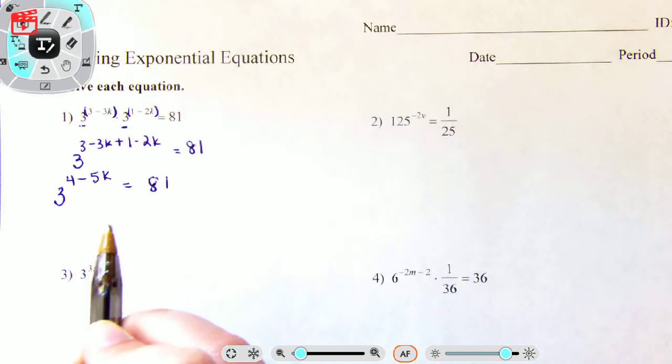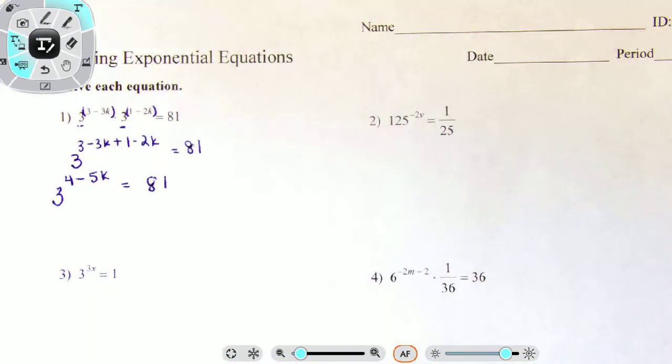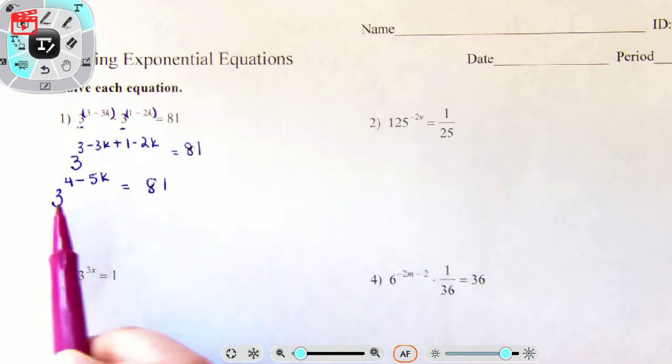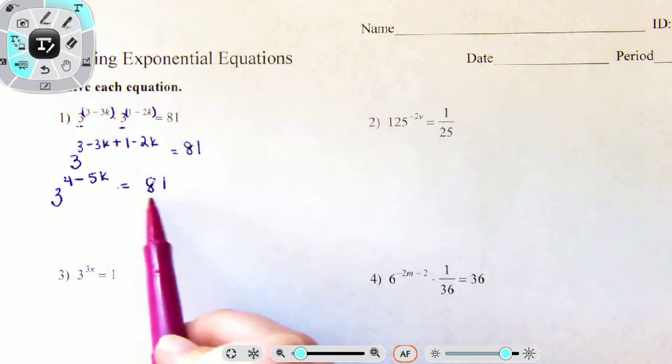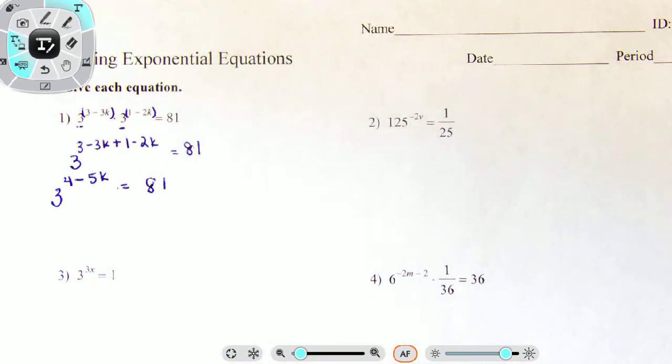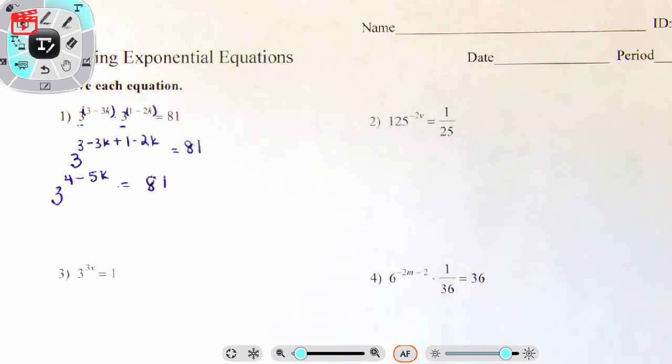Now, here's the thing. We're going to change the base. So what I mean by that is, you notice that we have a base of 3 here raised to an exponent, and we have an 81, okay? So we can't really do anything with that unless the bases match. So take your trusty calculator. If you already know what this is, fantastic.